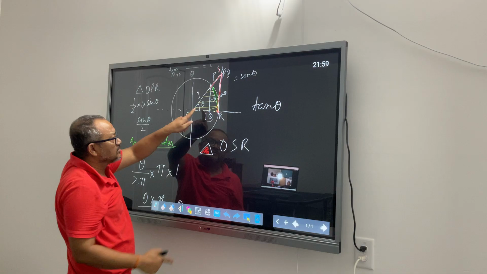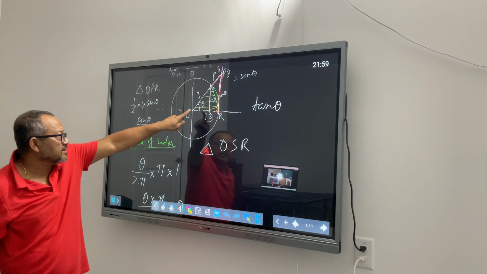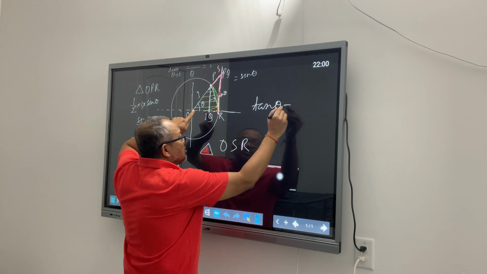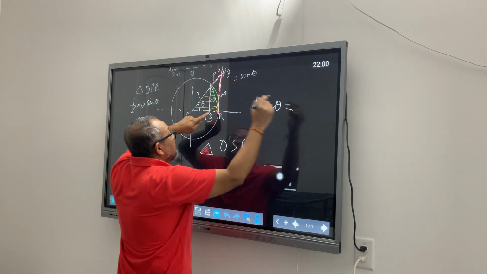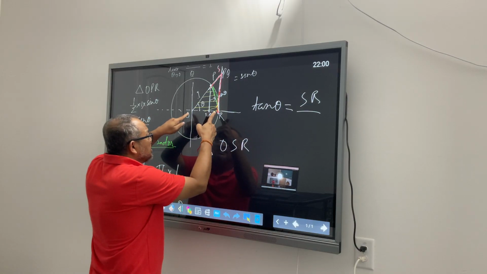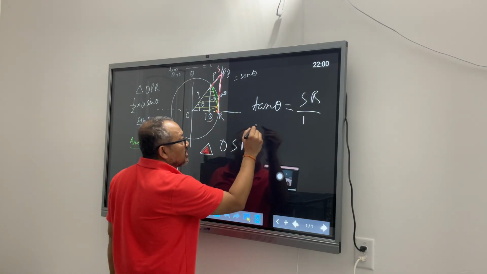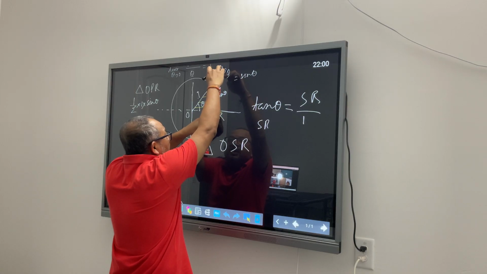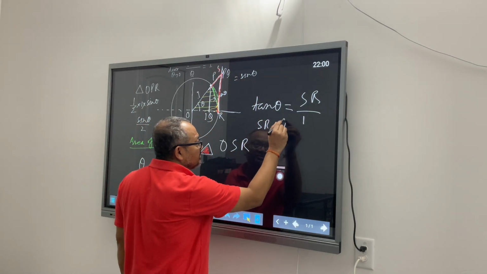That's why we are using the trig ratio tangent. So tangent of this theta will be equal to the opposite side, which is SR, divided by the adjacent side, which is 1. So SR, this whole height, is equal to tangent of theta.